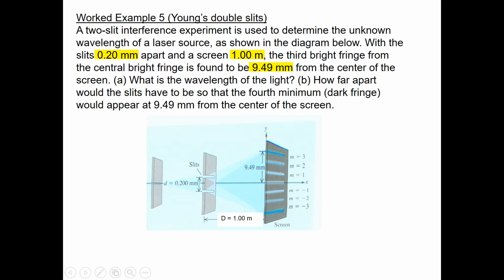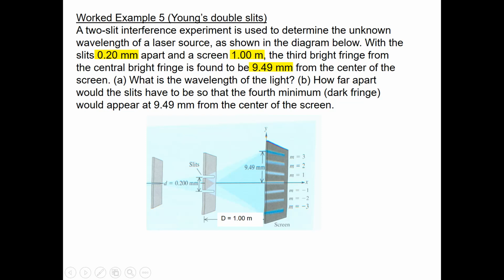This is the straight through, which is the zero order maximum. Then you have first order, second order, third order maximum. With the slits 0.2 mm apart, that is a small d, and the screen 1 meter away, that is a big D. The third bright fringe from the central bright fringe is found to be 9.49 mm from the center of the screen. That is y3, because this is the third order bright fringe, so n equals 3.